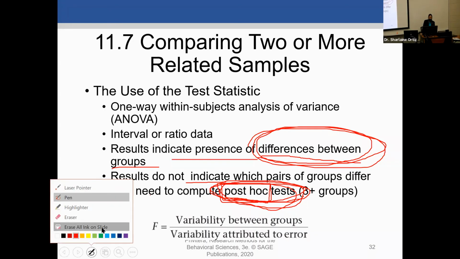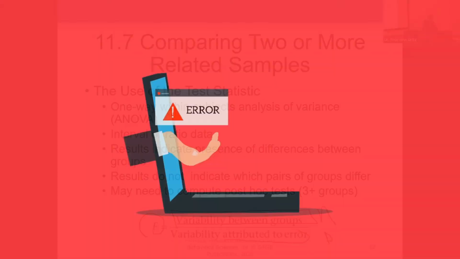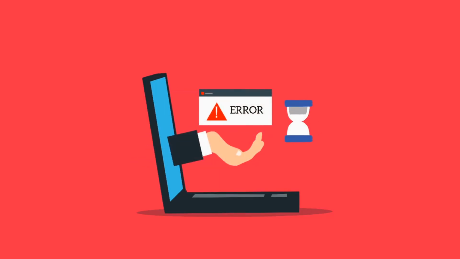The post hoc test is the one that will tell you which pair we will find a difference in. Very similar to our previous case, we will have variability between the groups in our numerator, and in our denominator, we're going to have the variability attributed to error.